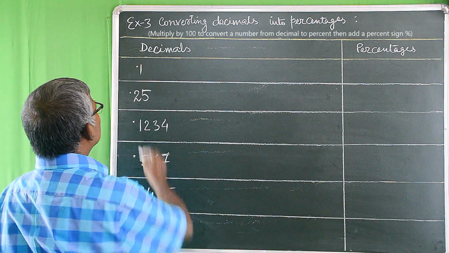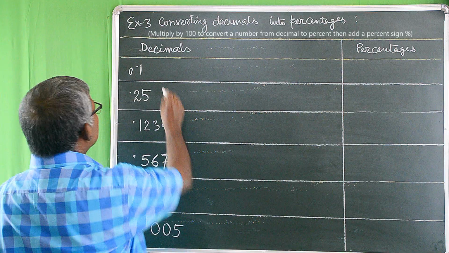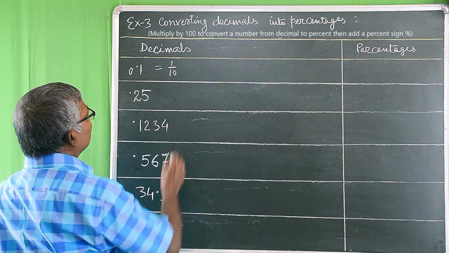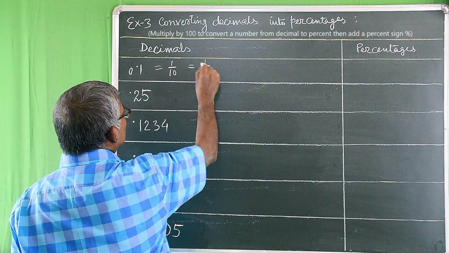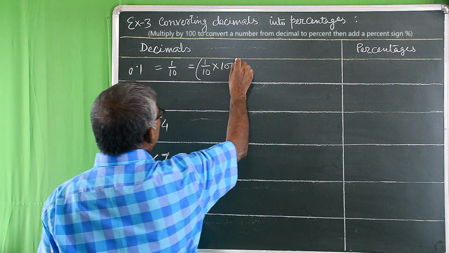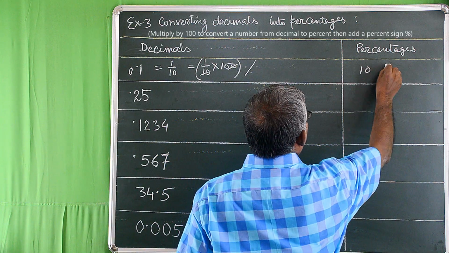Let us consider 0.1. So this can be written as 1 by 10. This can be written as 1 by 10 into 100%. It is 10%.